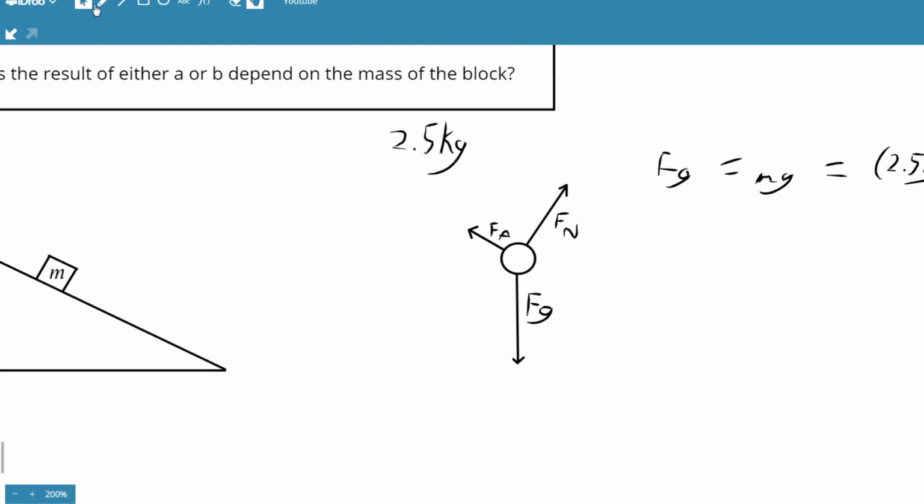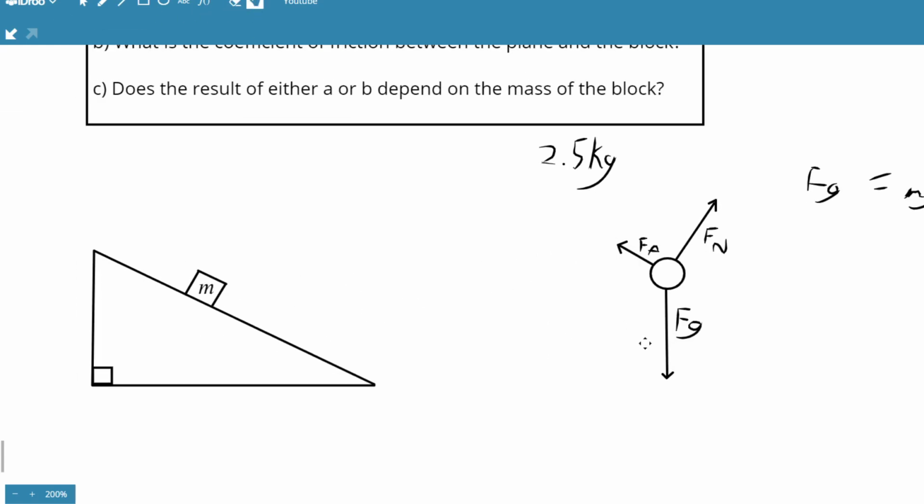I should probably explain something else first. So first we should split the gravity into its components. So make them opposite from the other vectors, make them like parallel.